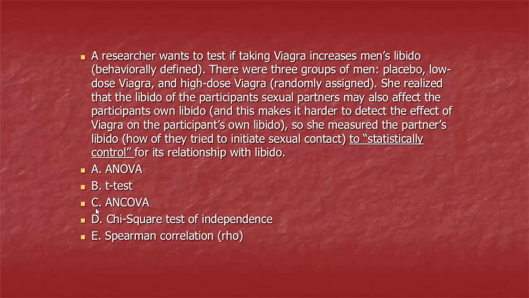You'd have to do a bunch of t-tests, and that would actually be a bad thing statistically in terms of potentially capitalizing on chance. It wouldn't be a chi-squared test of independence because libido here is going to be measured continuously, not categorically. And then E, it wouldn't be a Spearman correlation because we're not looking for a relationship between an ordinal variable and another variable.